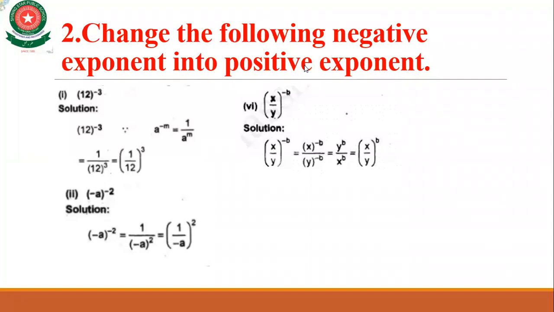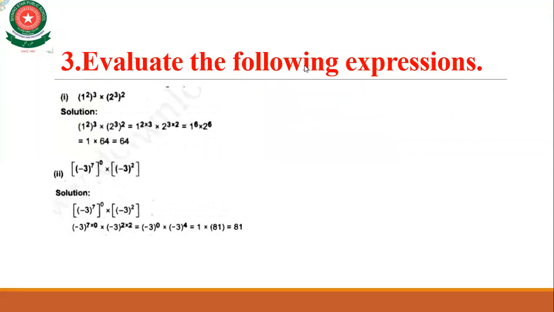In the last part, number 6 of question number 2, is x over y power minus b. So here the answer is, first of all, we have to take the power on each numerator and denominator. Then we have to take the reciprocal, and the answer is y power b over x power b.